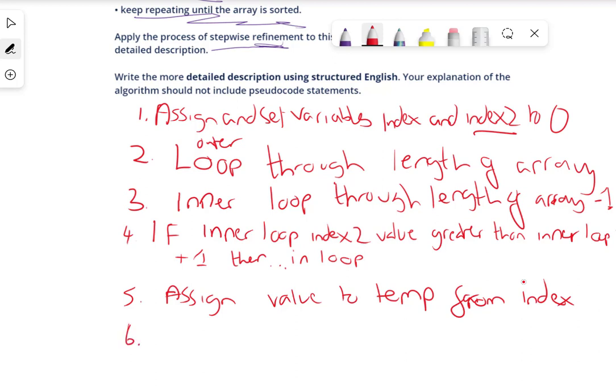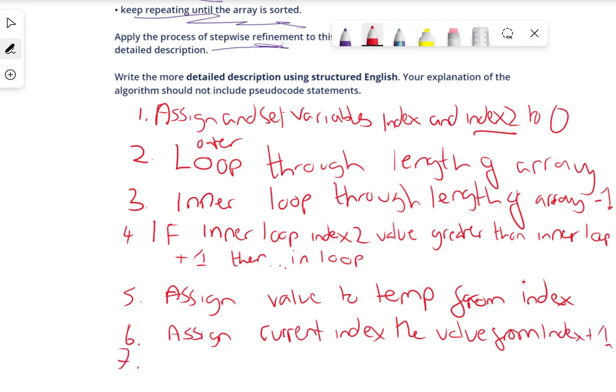Then what we want to do is assign current index the value from index +1, and then assign index, so it's actually index 2, my fault, index 2, because we're using the inner loop, index 2 +1, assign index 2, so +1, the value of temp.